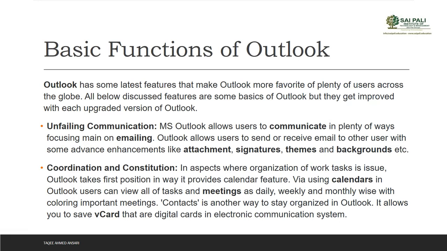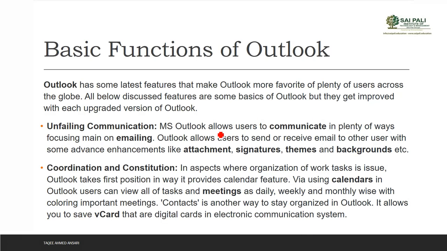Outlook has some latest features that make Outlook a favorite of plenty of users across the globe. All the features we are going to discuss are some basics of Outlook, but they get improved with each upgraded version of Outlook. First, unfailing communication.